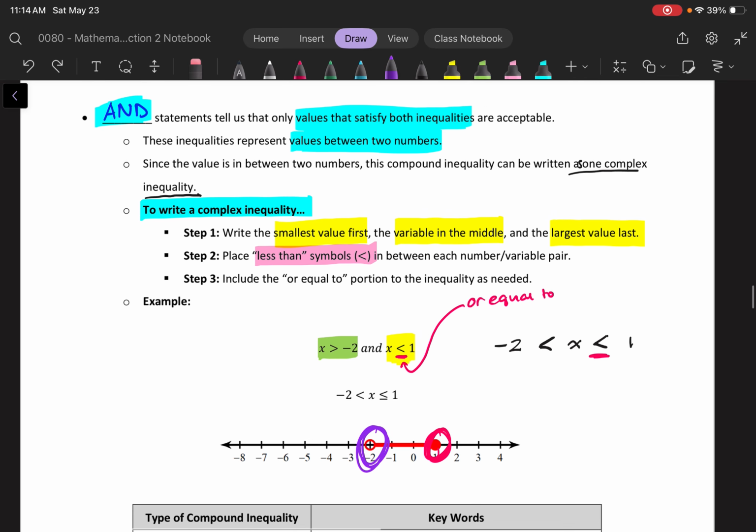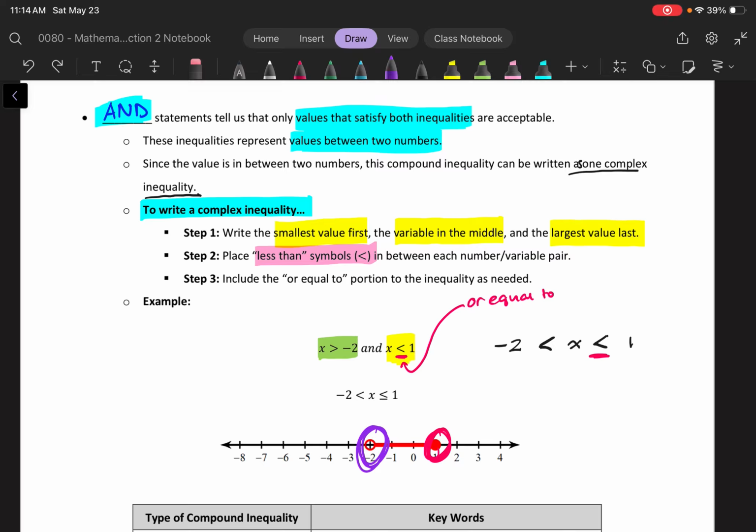Now, that was just a lot of information at once. So compound inequalities, just to recap, they're when I combine 2 inequalities together. They can be combined in an or situation where I'm okay with one inequality working or another inequality working, but not both at the same time.